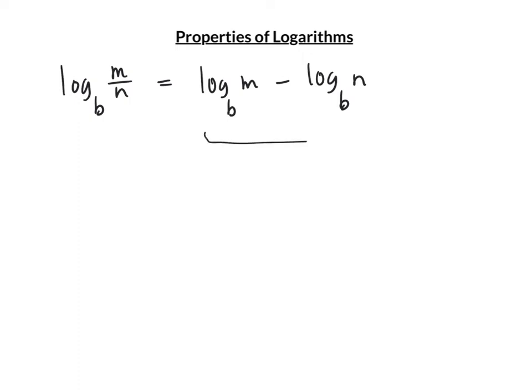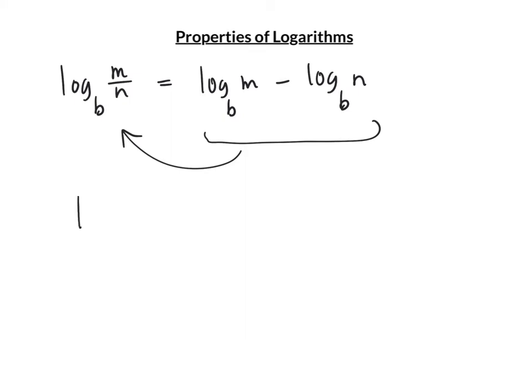Second rule, the log base b of m divided by n. When you divide, what do you do with your exponents? You subtract. This is the log base b of m minus the log base b of n. And like the last question, you may be asked to go from here to here and rewrite something as a single logarithm.